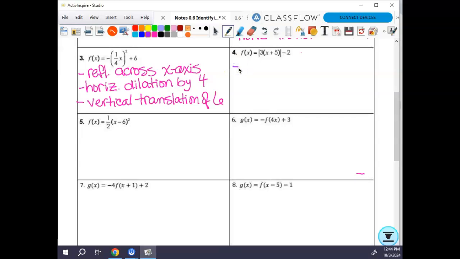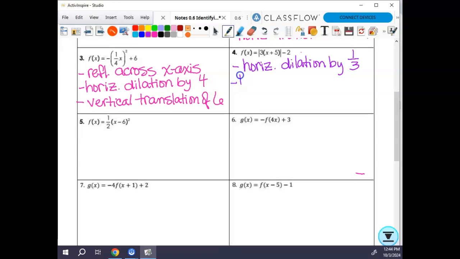X, because it's inside the absolute value. So this is a horizontal what? Dilation, good. By what? 1/3, good, because x is a liar. Reciprocal, yes. So then that 5, does that affect x or y?